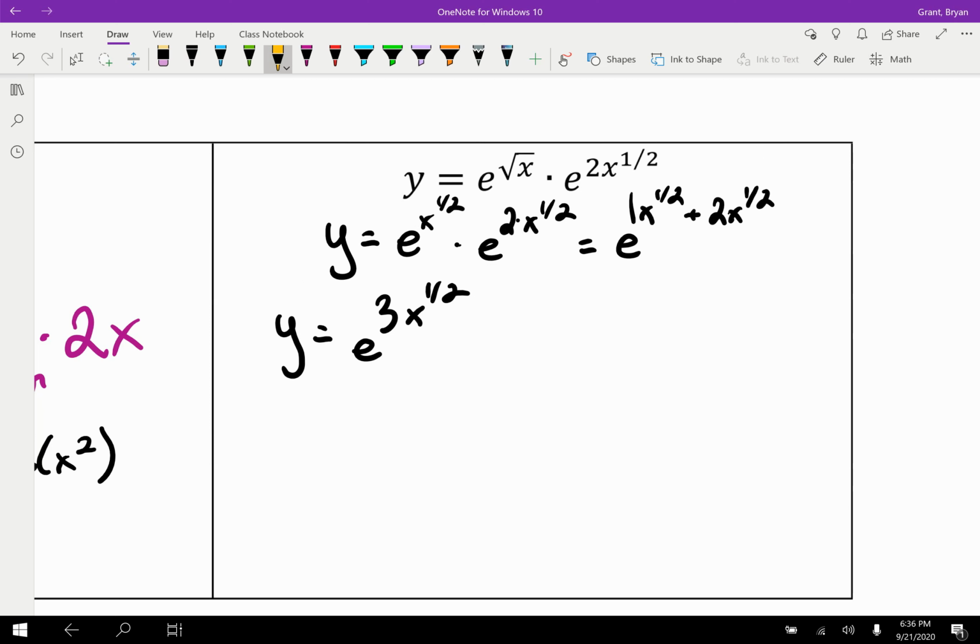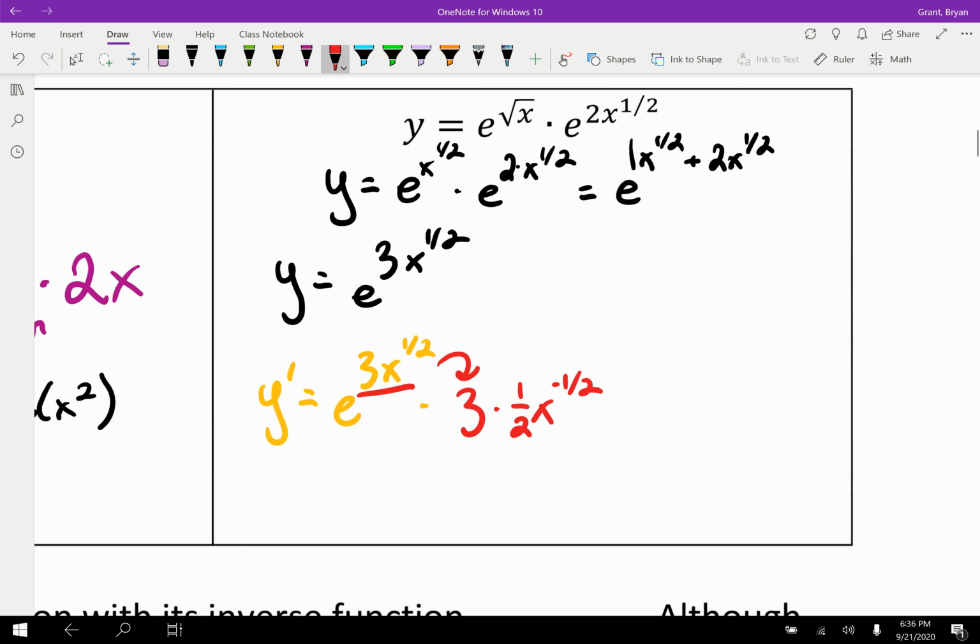So the derivative is always itself, e to the 3 times x to the 1/2, times the derivative of the power, which is, well, 3 stays the same, it's multiplying, and we get 1/2 x to the negative 1/2. If you wanted to write that in a little bit more friendly form, we're not going to be able to do too much.